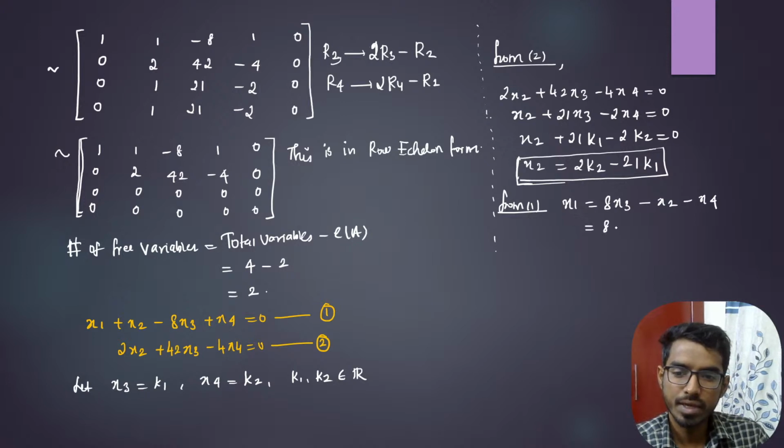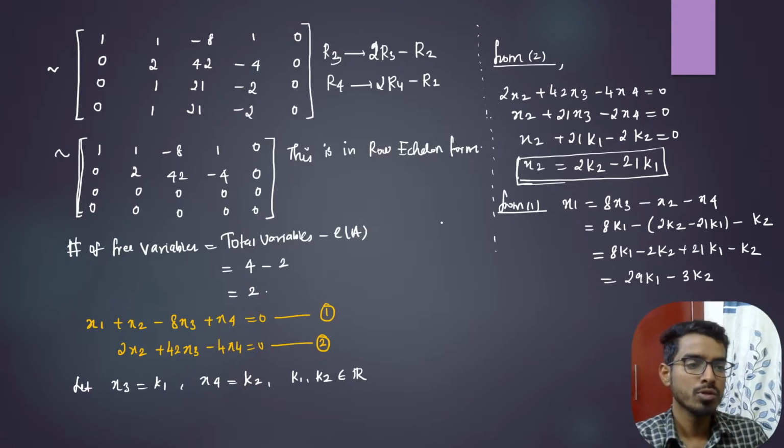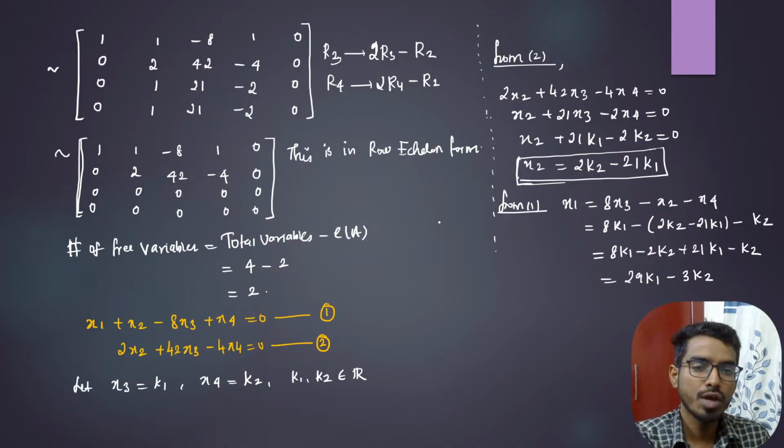So 8 times k1 minus (2k2 minus 21k1) minus k2. So 8k1 minus 2k2 plus 21k1 minus k2. So 8k1 plus 21k1, 29k1, minus 3k2. So we have found the solution space, the solutions.